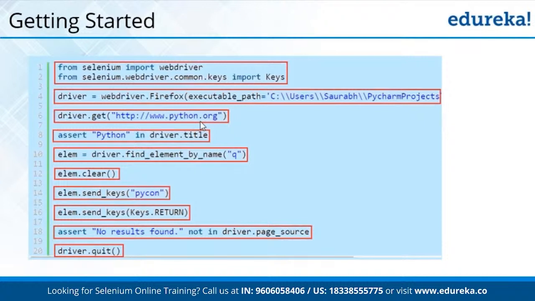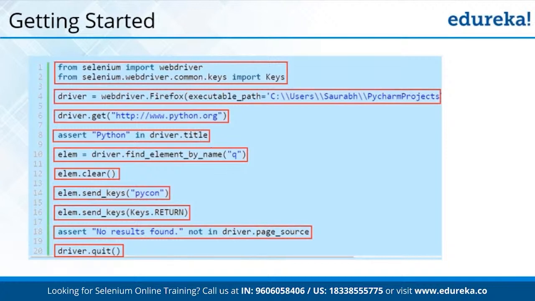Apart from that, the next line is validating whether the title of the page is Python or not. If it is not, it will throw an error, as true or false. Assert Python in driver.title. The driver.title command helps you to get the title of that page. Now, what is the title of the page?